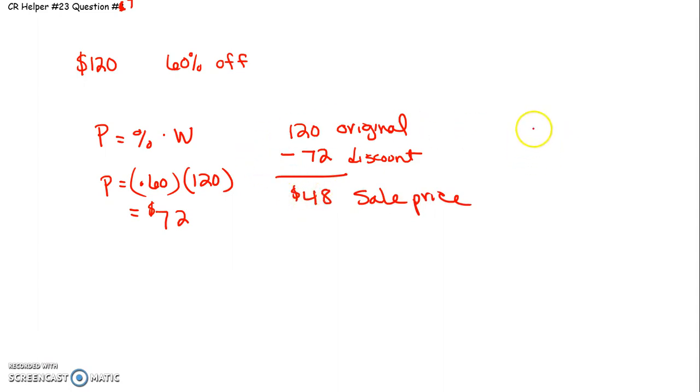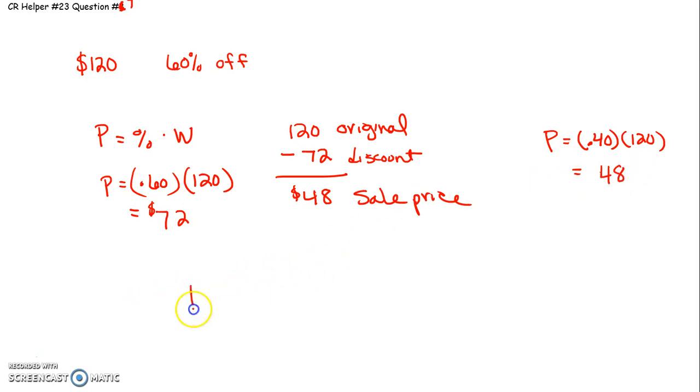So another way to go about that would be, if you're taking 60% off, you're still paying 40%. So some of you may have chosen to, in a one-step problem, say, well, if I take 60% off, I'm still paying 40%. If you take 0.4 times 120, you get to your sale price of 48 very quickly.